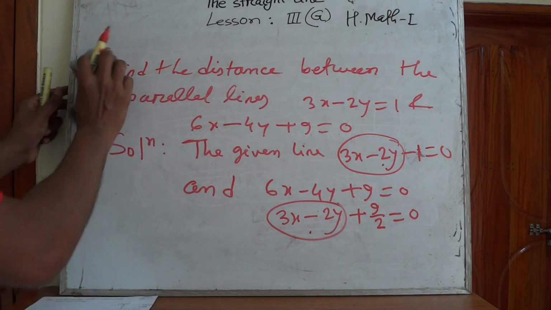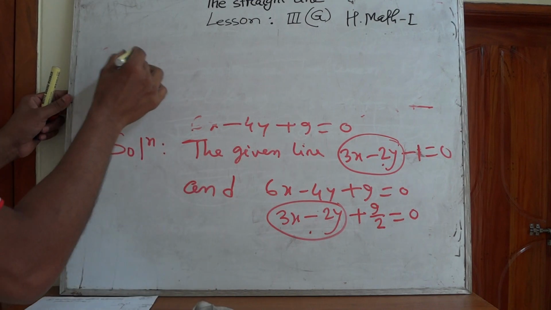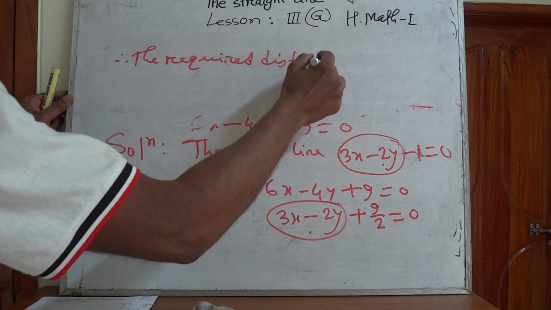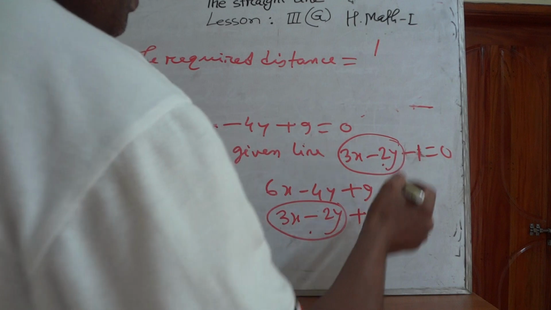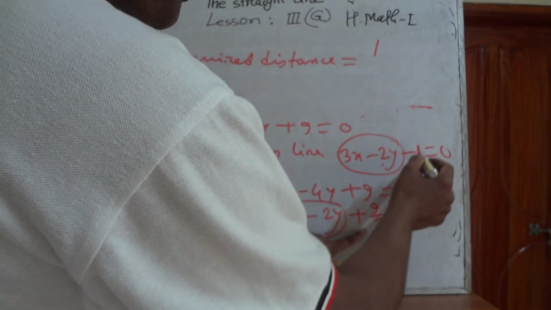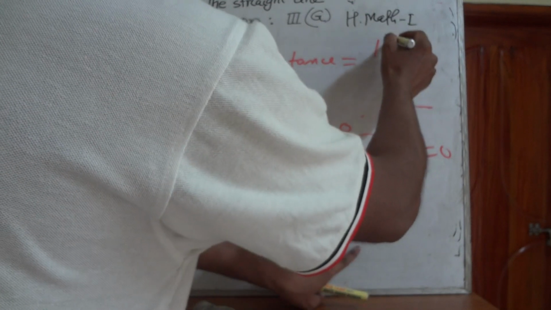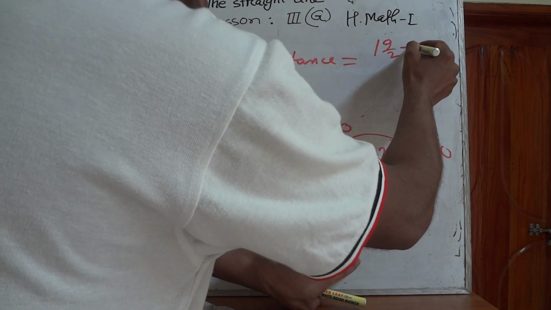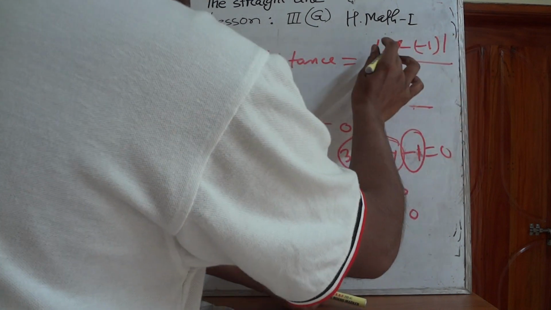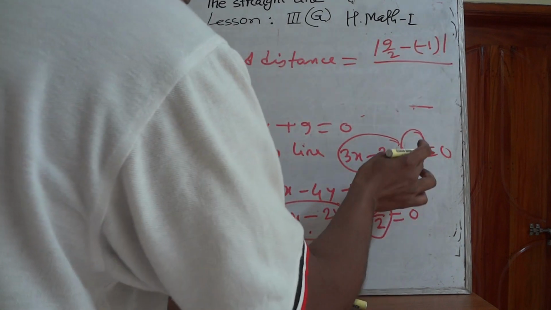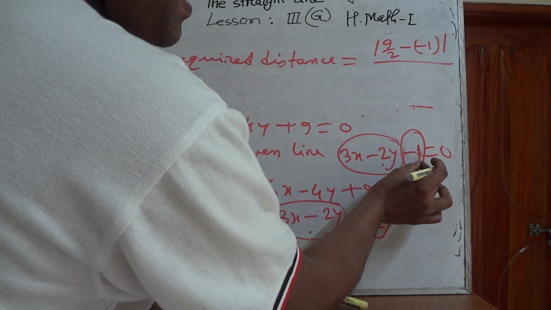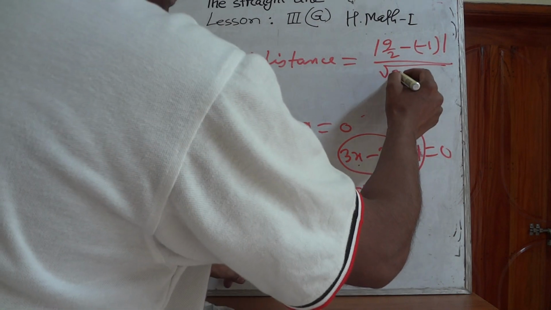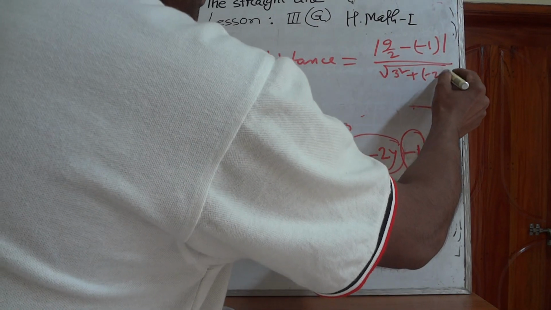Therefore the required distance equals the absolute value of the difference of the constant terms, that means 9 divided by 2 minus minus 1. The formula is c2 minus c1, where c1 means minus 1, divided by the square root of coefficient of x whole square plus coefficient of y whole square.